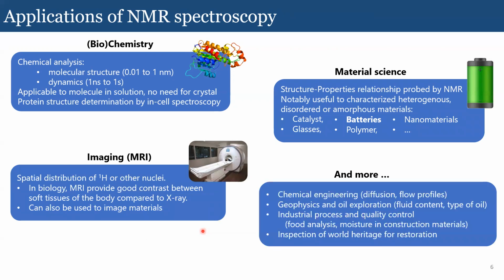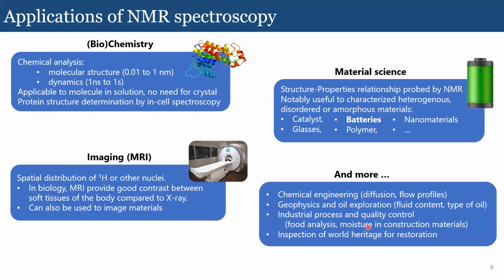On top of these three main applications, NMR can also be used in many other fields like chemical engineering, geology, and especially for oil exploration and in industrial processes. In that case, quality control is a big part of it.